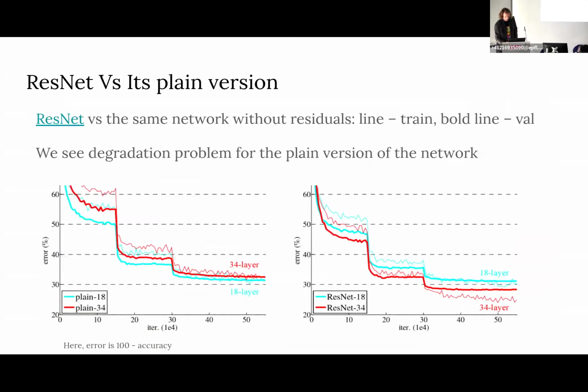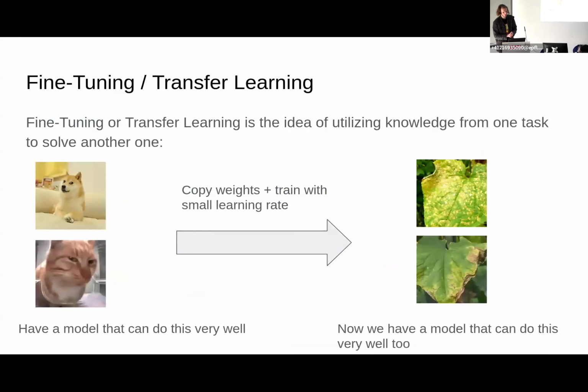So what is fine tuning? Imagine you trained a model on classification of dogs and cats, and you can do it pretty well. Then you want to use some model to do some biological stuff, for example, to understand whether a plant is okay or whether the plant has some disease.